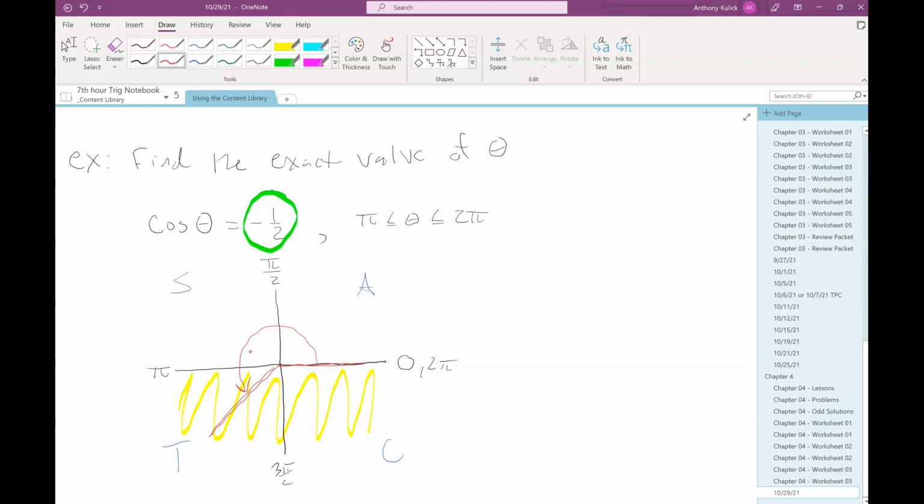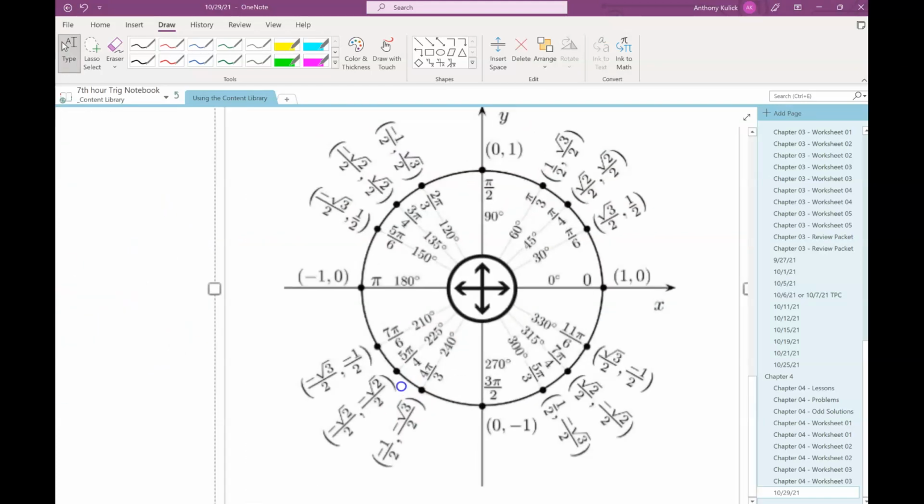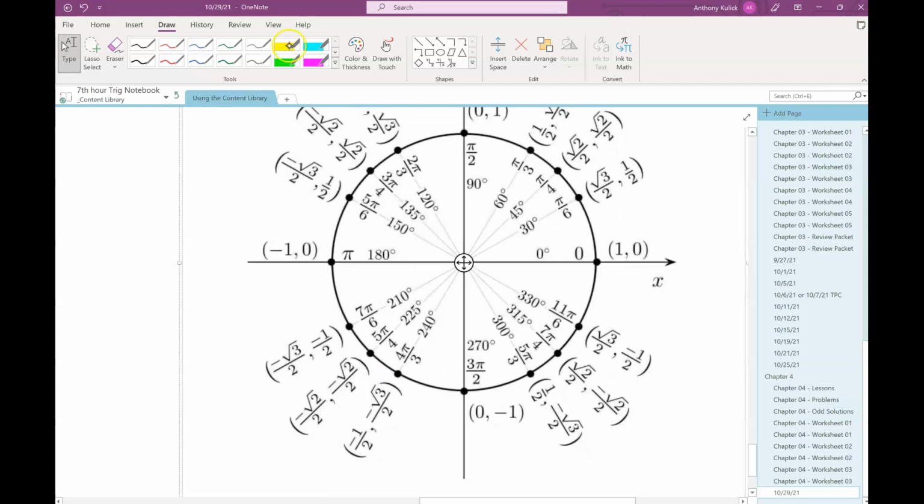So I'm going to go to my unit circle. I'm going to look in quadrant 3 for the place where the x coordinate is -1/2. So it's right there at 4 pi over 3, excuse me.